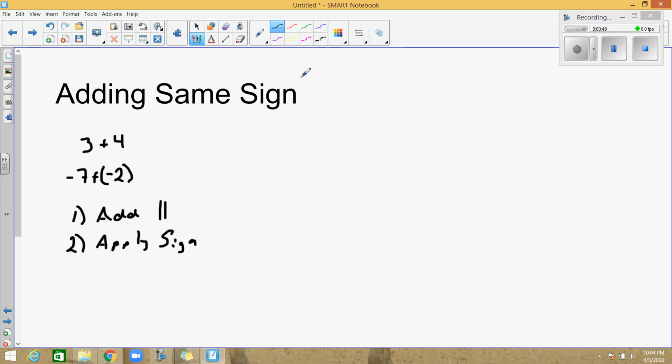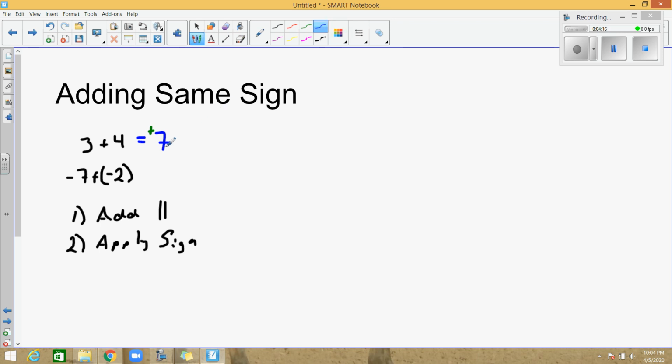Okay, so if I go back up here, and I'm going to do this in a different ink so you can maybe see that. So when I do this, I'm going to add their absolute value. So the absolute value of +3 is 3. The absolute value of +4 is 4. And you get 7. Well, what should that sign be? Well, that sign is actually positive. But I don't need it there, because if I don't put it there, it's the same as putting 7 on there.